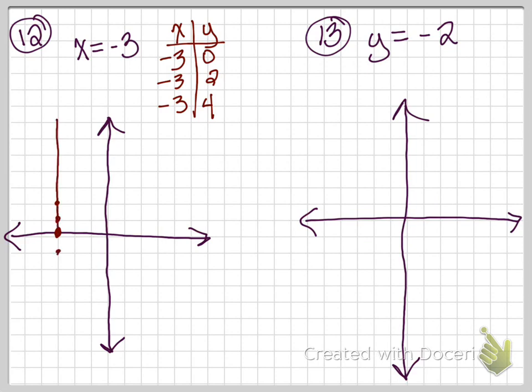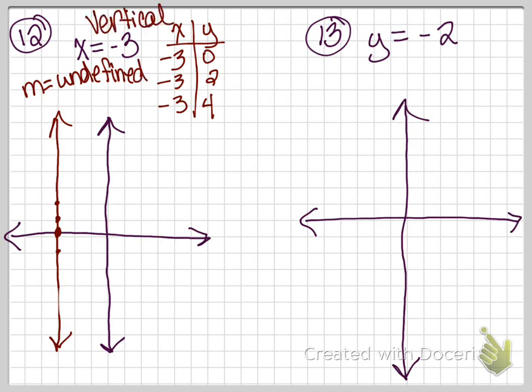Now, the slope of a vertical line is undefined. My slope is undefined. And x equals negative 3 is a vertical line. Okay, so y equals negative 2 means the opposite of all that.